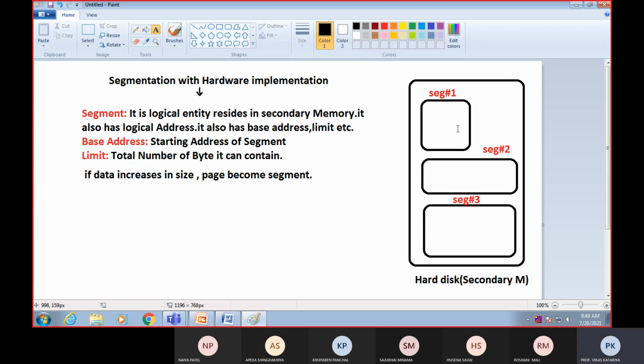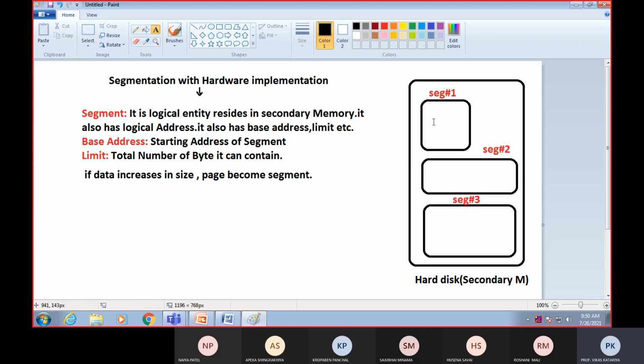But in this session, we will load a proper segment from the secondary memory to primary. And in order to load the segments from hard disk to primary memory, we have to identify some physical address, because we know that each and every segment has a logical address.